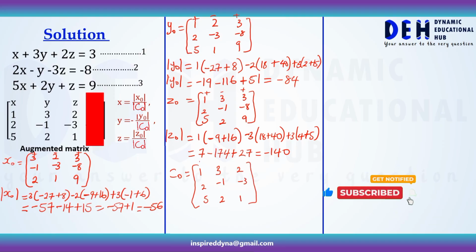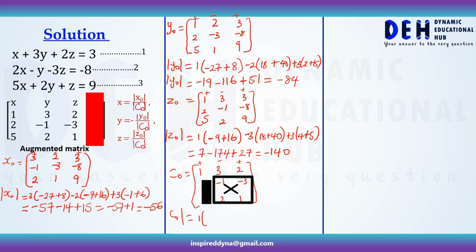To find the determinant, don't forget plus minus plus here. So we have C naught determinant will be what? You have 1 outside here, open bracket, minus 1 times minus 1, you have minus 1. Because of this minus, it becomes plus. Plus 3 times 2, you have 6, you have it close. Then you move to this guy, you have minus 3, so you can have your bracket open.